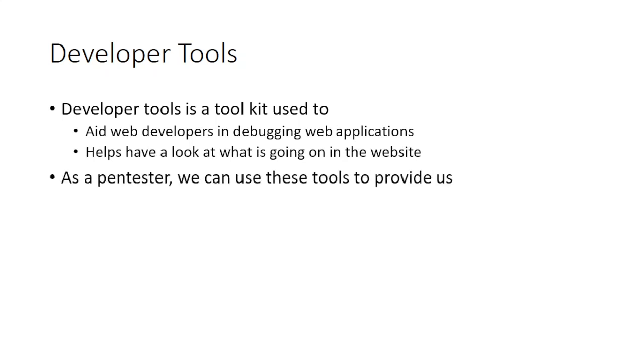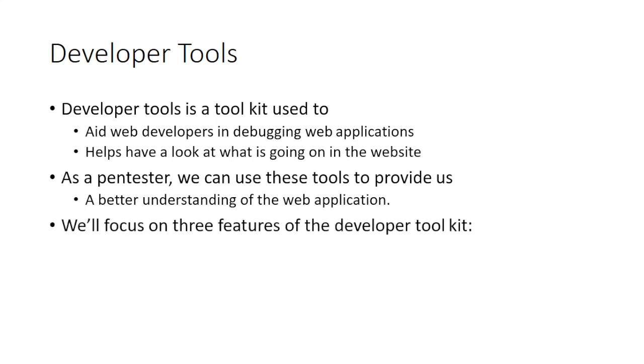As a pen tester, we can use these tools to provide us a better understanding of the web application. In this video, we're going to focus on three features of the developer toolkit: the inspector, the debugger, and the network. Let's see what the inspector can do.